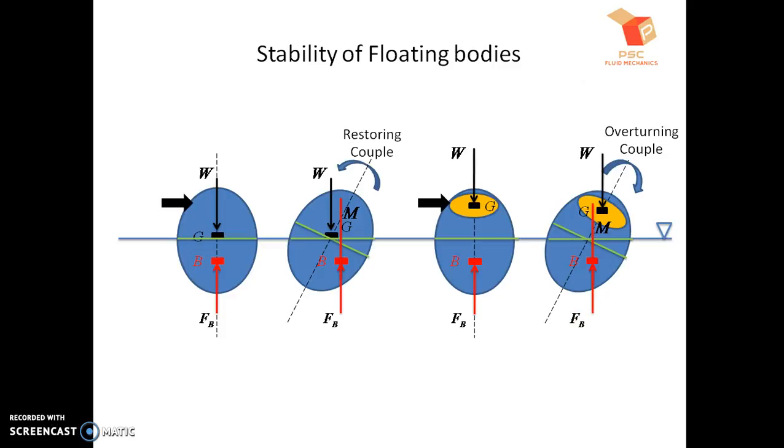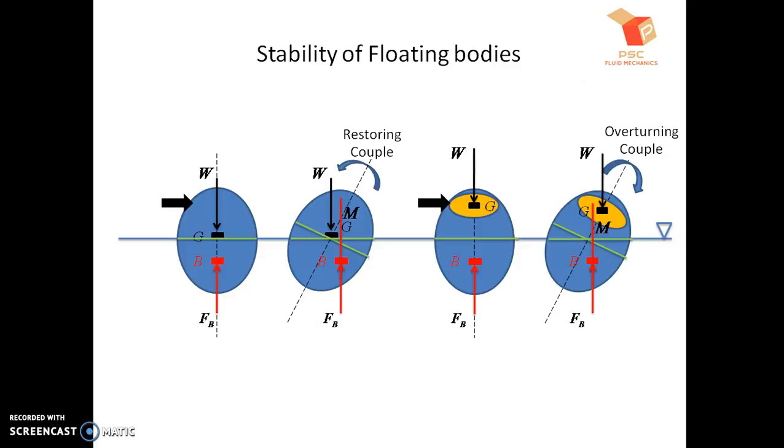This distance between points G and M is known as the metacentric height. So if GM is positive, we get stable equilibrium, and if GM is negative, we get unstable equilibrium. So this is all about the stability of floating bodies.